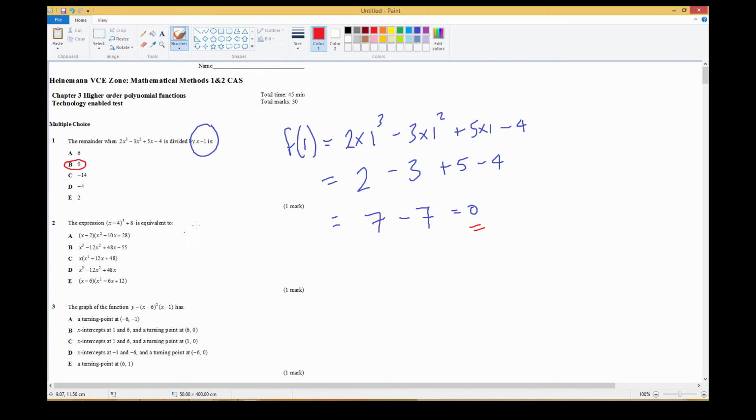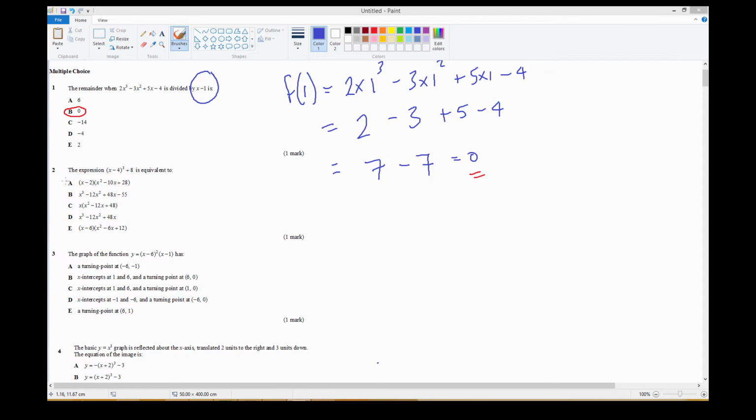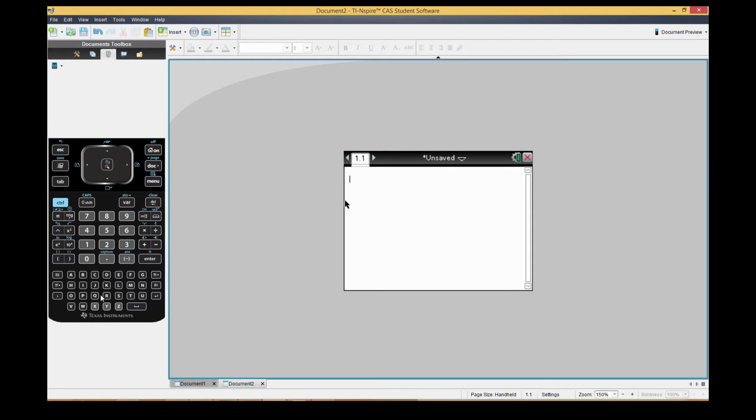Alright. Okay, so just having a look at question 2, here I think they want us to expand this equation. We're not going to waste any time, so we'll just use our calculator. So we'll put in the equation: open bracket x minus 4, close brackets raised to the power 3, and then plus 8, enter.